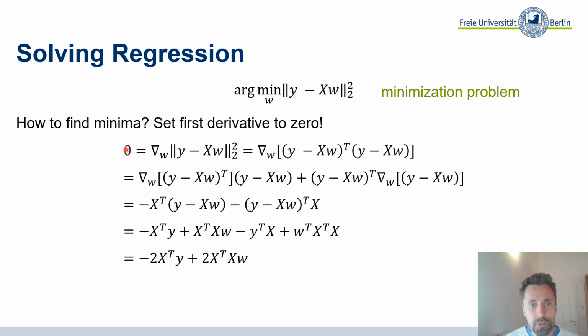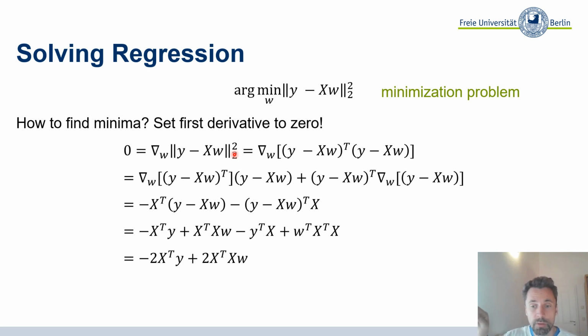Okay, so 0, and please don't run away when seeing this block of equations. It's really simple, and I'll lead you through. So 0 should be, so this is the nabla operator, so this is the derivative with respect to W of this expression that we had here at the top. And so this is the square of the 2 norm, and remember the 2 norm is the sum of the squares and then the square root.